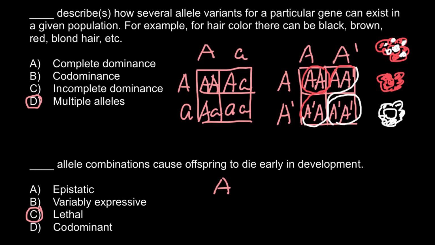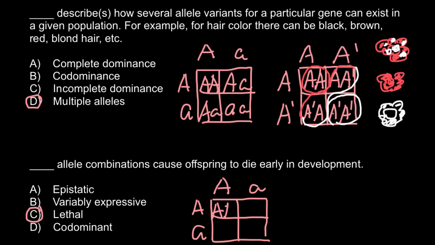So the genotype of any dwarf would be capital A and small a. And if, for example, two dwarfs would marry, we can expect the following ratios in their progeny. Capital A capital A here, capital A small a here, capital A small a here, and small a small a here.